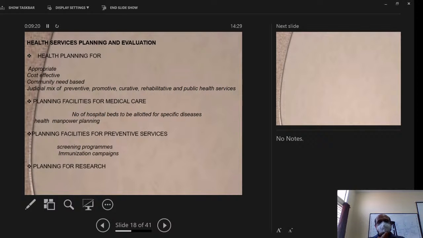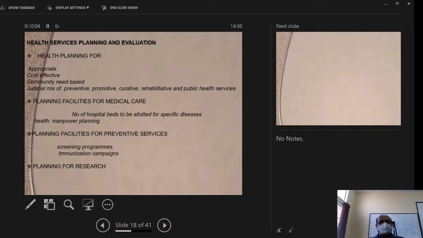The health planning is done in terms of how appropriate a national program or any health program is for the population, how cost effective the program is, whether it is addressing the community need, and the judicious mix of preventive, promotive, curative, rehabilitative and public health services, what kind of qualitative services are being provided, and whether it is reaching the mass population or not.